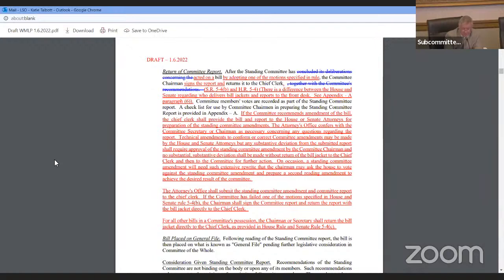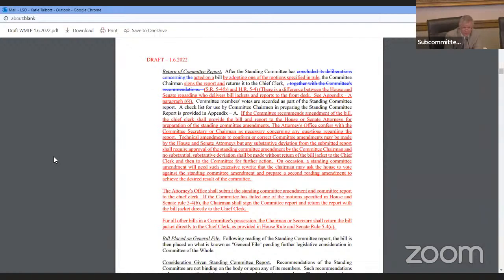If they're technical, then we just go ahead and do them and let the chairman know. If they're substantive, we let the chairman know, and let the chairman decide whether he thinks that they're substantive and substantial. If they're both, then our recommendation to the chairman is you can't just do this on your call.